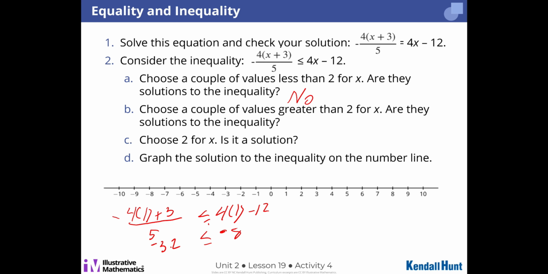So let's do the same thing for values greater than 2 to see if they're solutions. So let's say negative 4 parentheses x plus 3, let's say x is 3. And I forgot parentheses all the way around on this one: negative 4 parentheses 3 plus 3 all over 5 is less than or equal to 4 parentheses 3 minus 12.